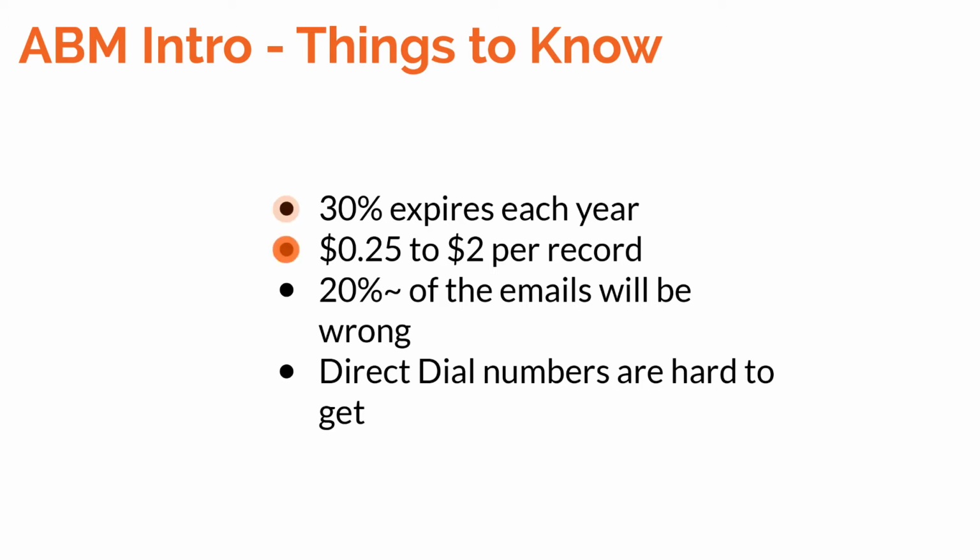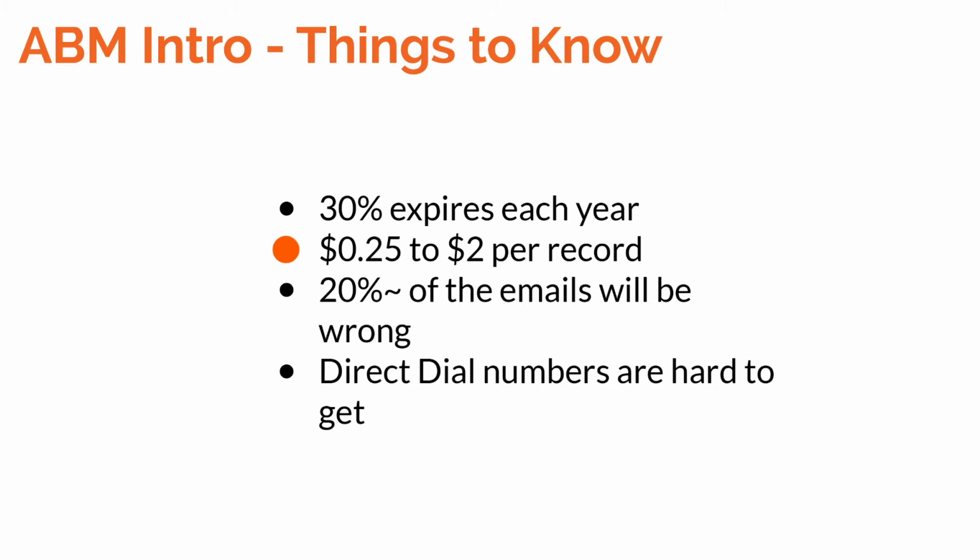Now, when you go out to Upwork, or if you're outsourcing any of this list building, your cost is going to vary usually between 25 cents a record up to $2 per record. And the reason that varies is the level of experience, the tools, the number of columns that you're gathering.